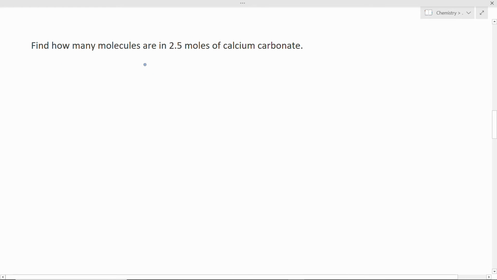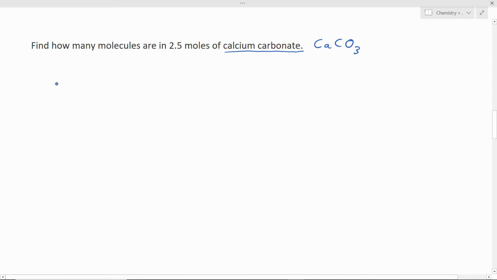Alright, so here's another example. Find how many molecules are in 2.5 moles of calcium carbonate. Okay, so one thing to point out here is that calcium carbonate is CaCO3. So this is why naming from written names to chemical formula is important, because you might see just the name written out, and though we don't need the formula for this problem, in some other questions you might need to know the formula.